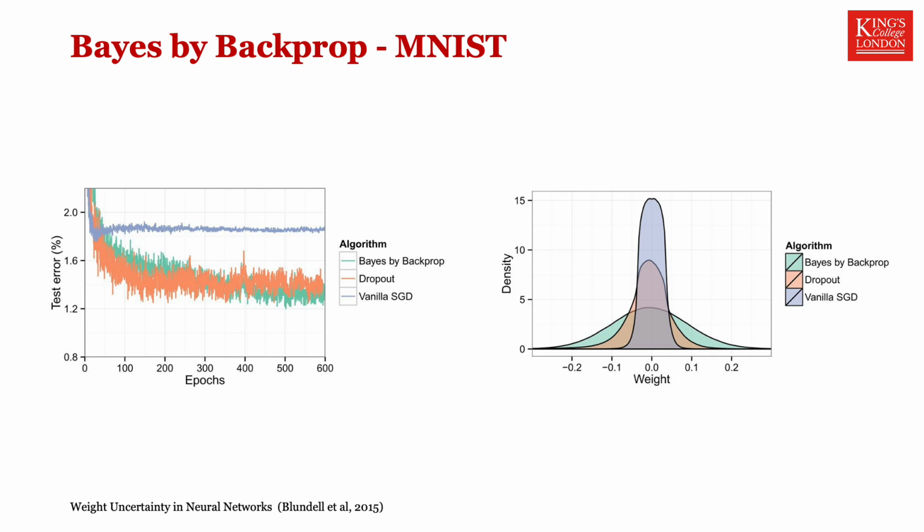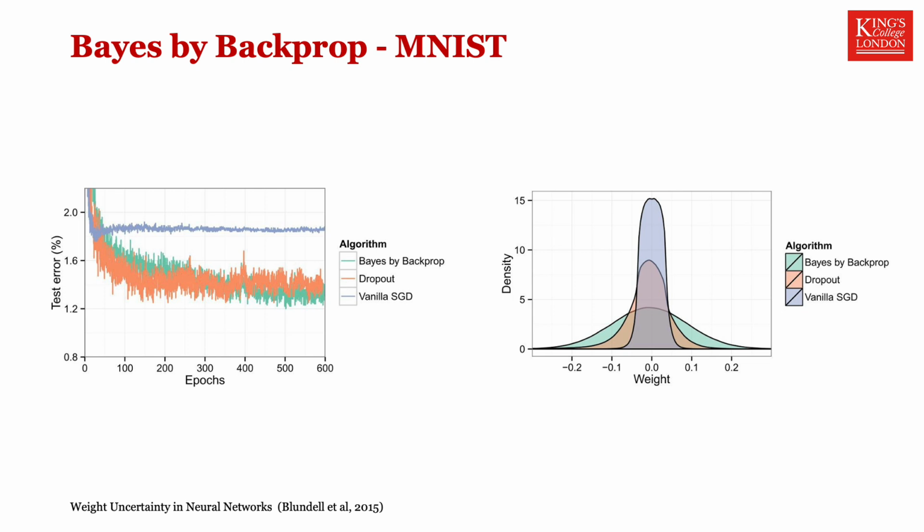You'll also see later on that dropout is actually a small approximation of what Bayes by backprop does. If you train the Bayes by backprop algorithm, you'll see that the test error optimizes slightly slower than with dropout, but you do end up with a slightly better result on the MNIST dataset.